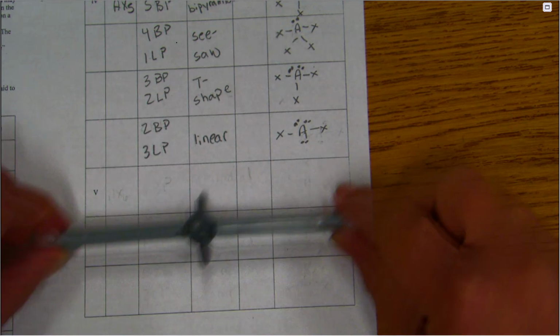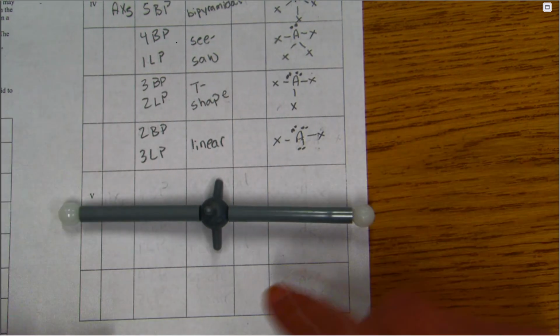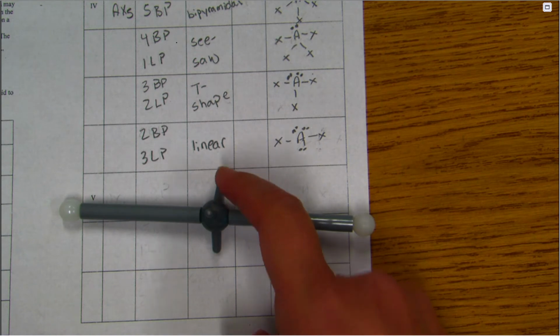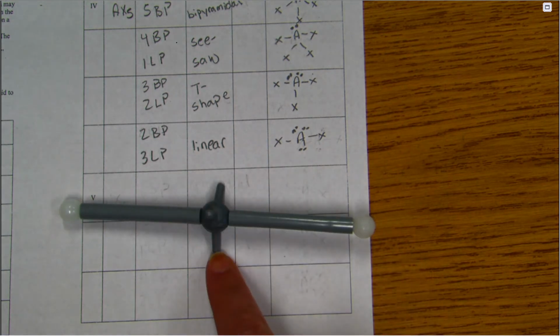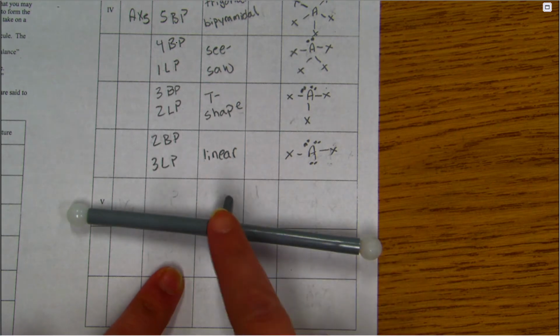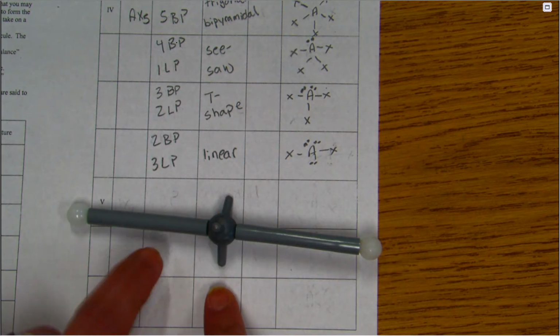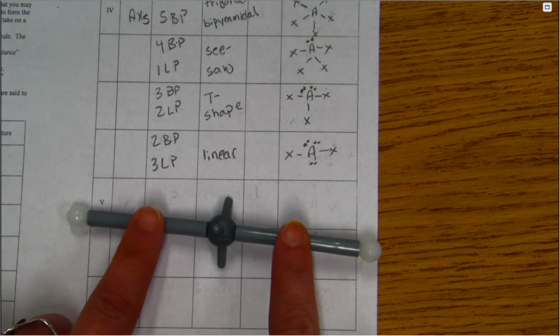When we draw it on our paper, it'll look something like that. I have a linear shape, where I have 3 lone pairs around the central atom and 2 bonding pairs.